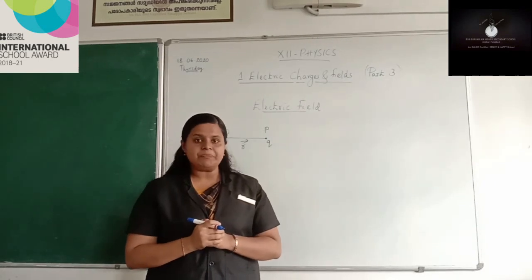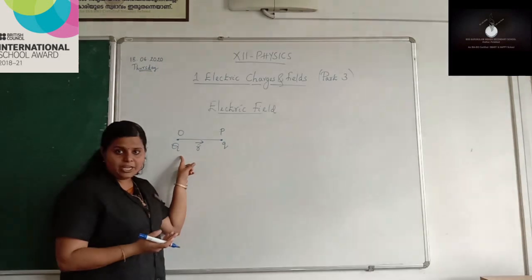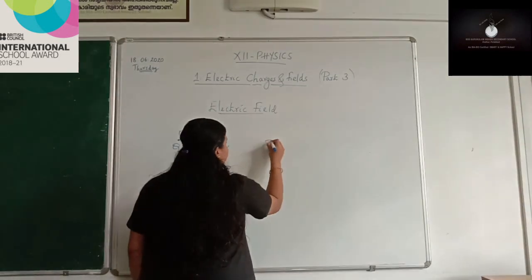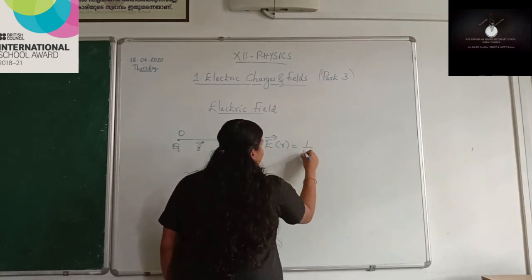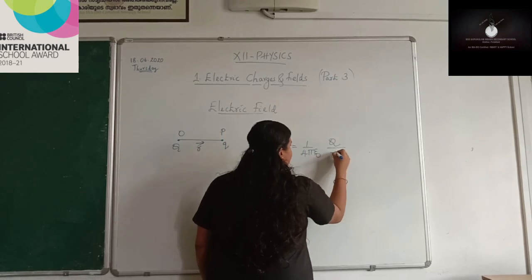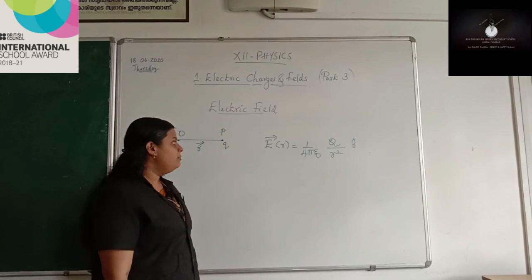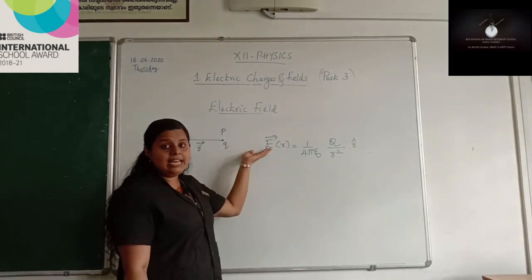Is it clear? So the electric field due to the charge capital Q at a distance r can be written as E of r is equal to 1 by 4 pi epsilon 0 Q divided by r square into unit vector r. From this expression, it is clear that this electric field is a vector.